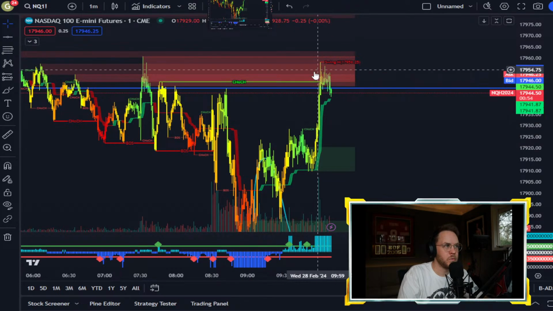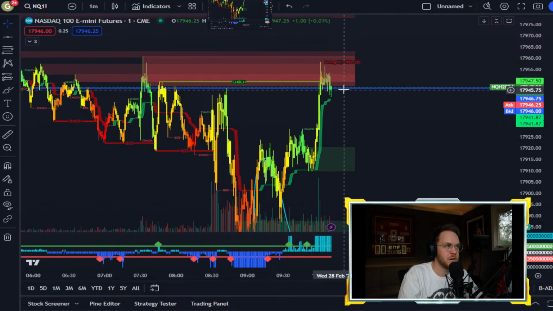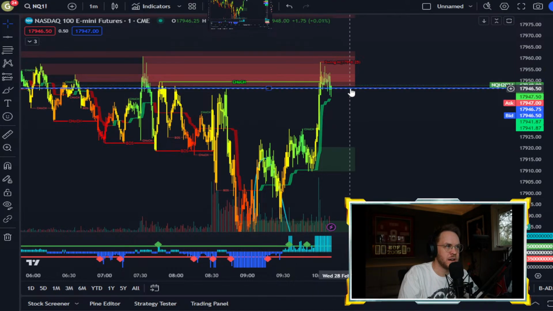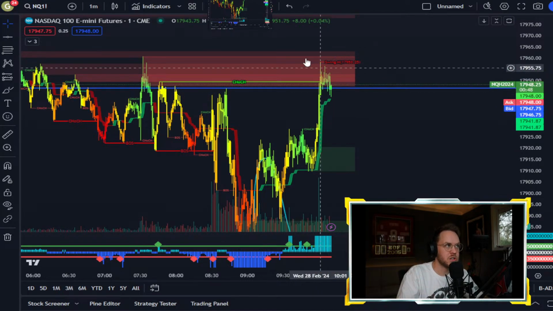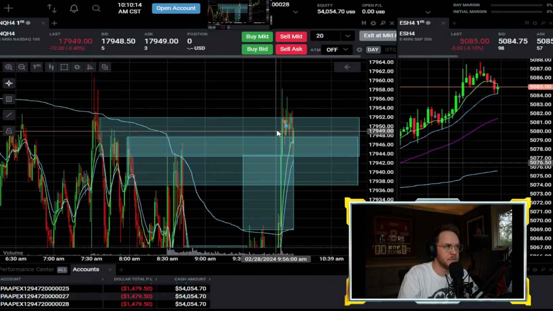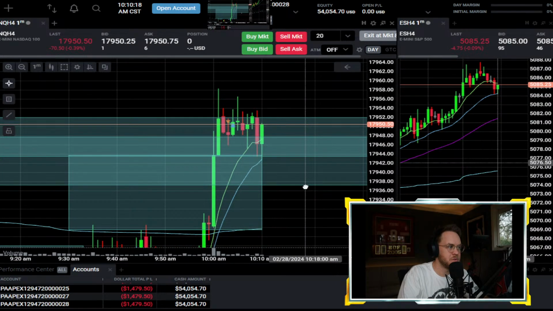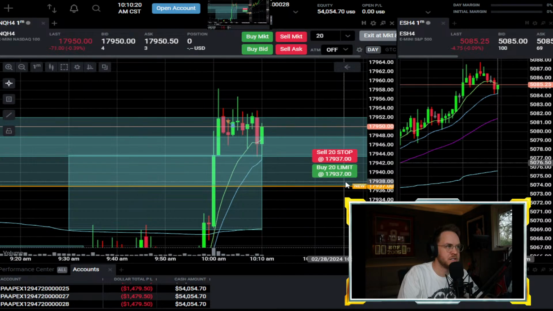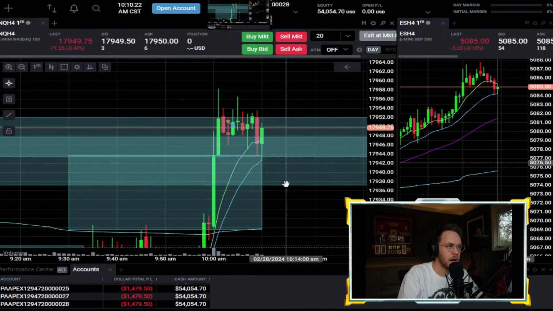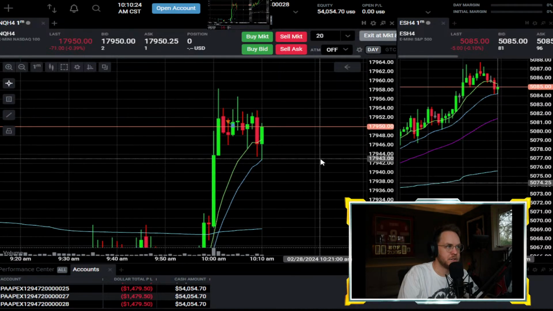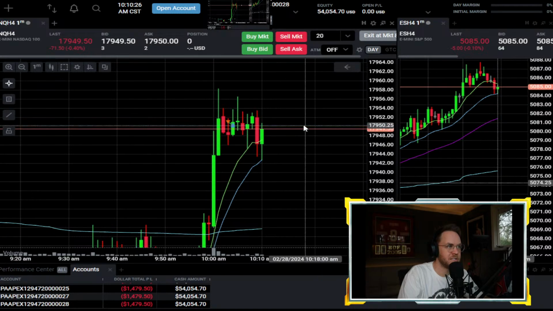Between the order blocks up here and the opening range level, it looks like we're having a failed auction to the upside. In other words, the buyers have failed to run this to the upside. So we're looking potentially at a short here.